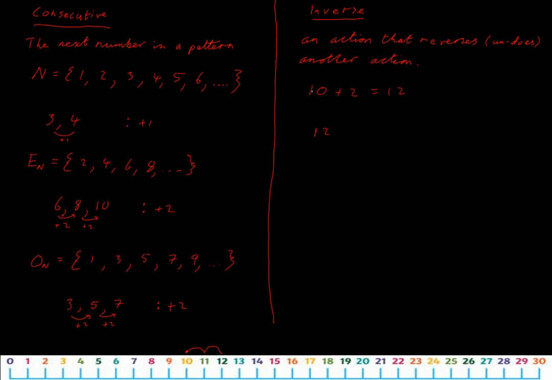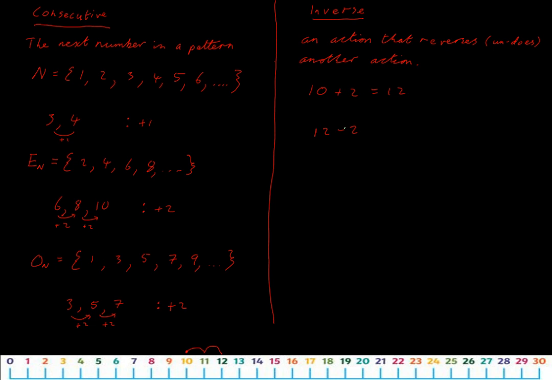If I want to end up back where I started, if I want to undo the work that I just did, undo adding on 2, I'd end up subtracting 2 away. To begin with, I added on 2.